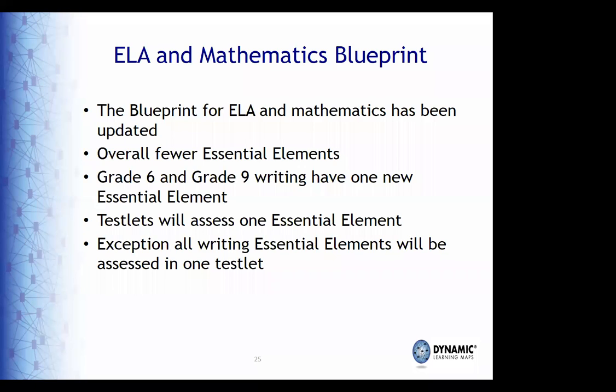So writing's a little bit different, but all the testlets will assess one essential element. If you're familiar with the blueprints from last year, they've changed a little bit, so it might throw you off. But they're all there, either on the State Department website or on the DLM website.